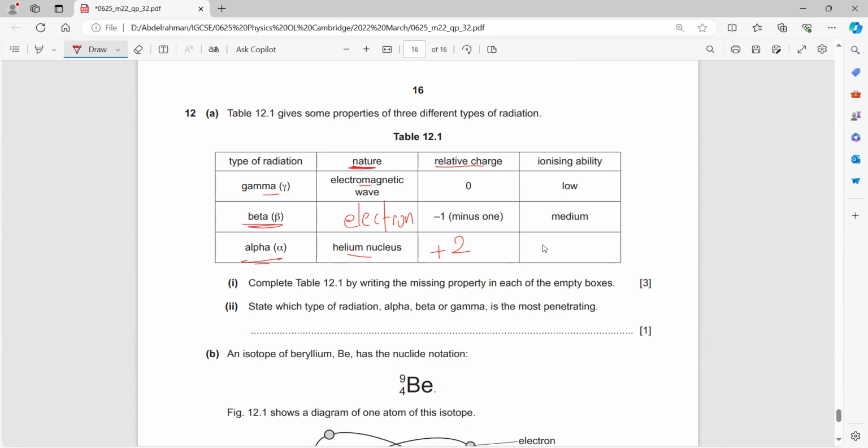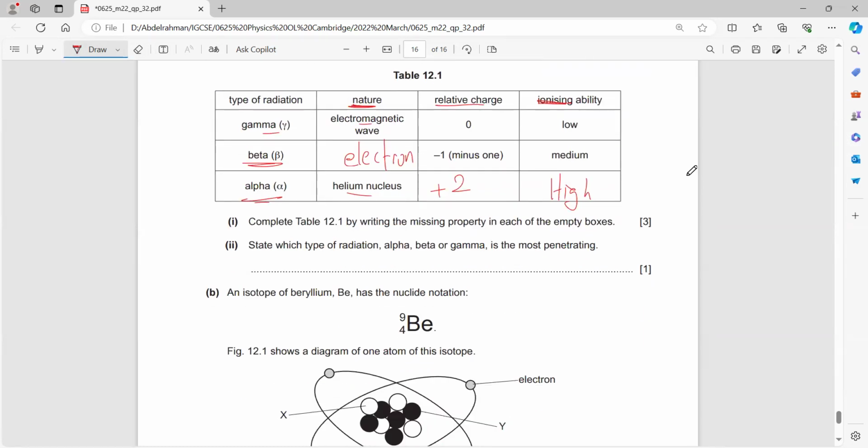Relative charge of an alpha is +2. What's the ionizing ability of an alpha? Okay, high or strong. Which type of radiation is the most penetrating? Gamma, of course.